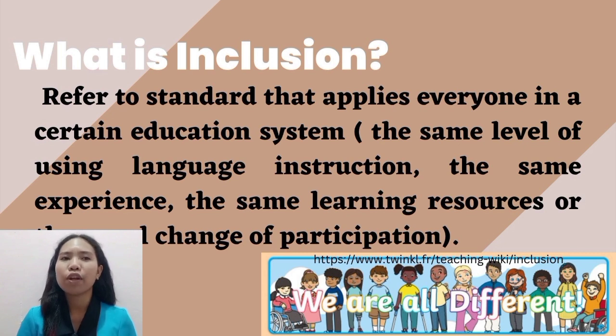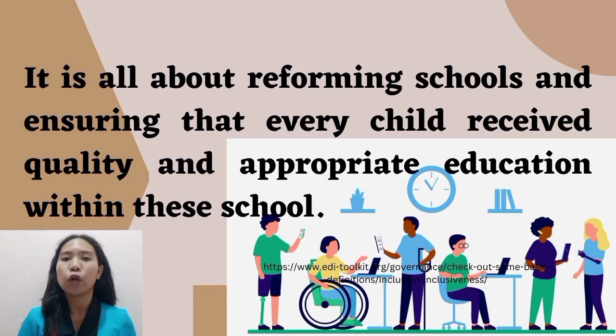So in inclusion, every child has the right to quality education and learning. So inclusive education is the most effective way to give all children a fair chance to go to school, learn, and develop the skills that they need to thrive.